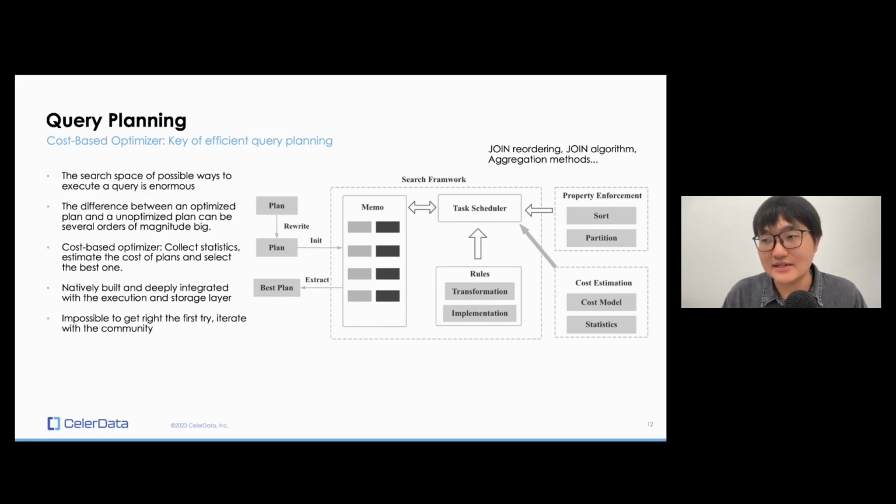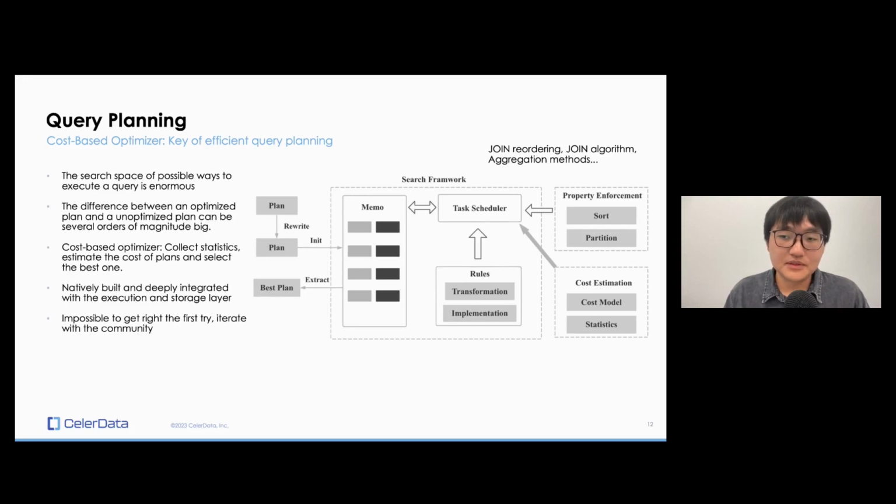The statistics collected are things like min, max, percentage of null, and how big the rows are, those kinds of statistics, right? And this is proven to be a much more efficient way of generating good query plans, although a lot more difficult to implement, right?